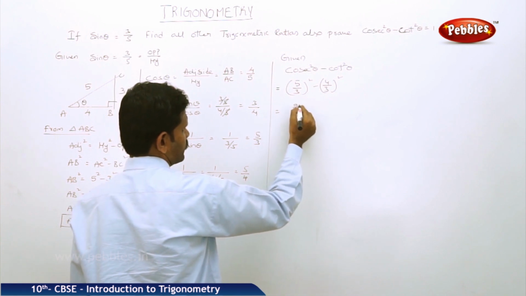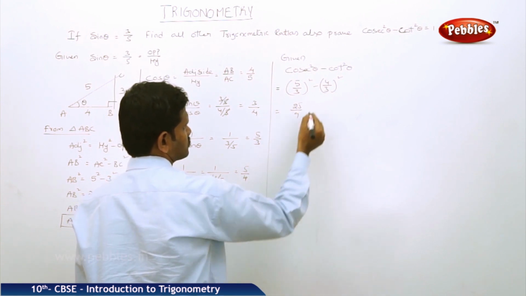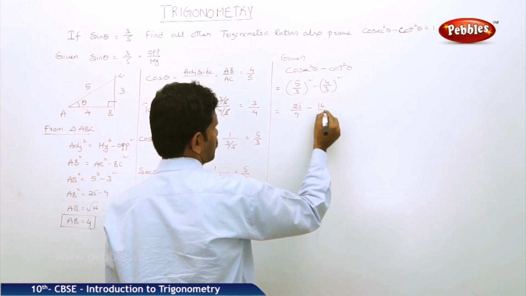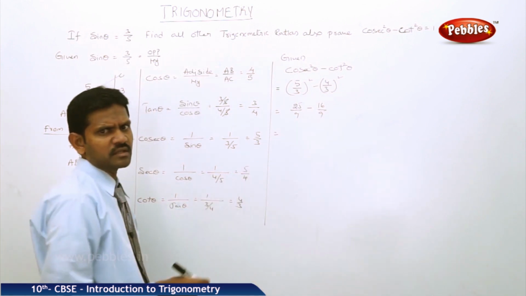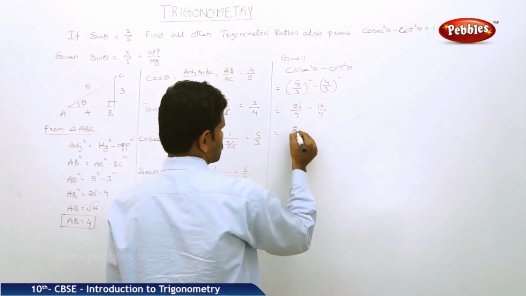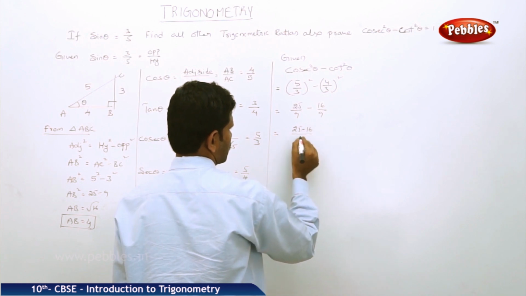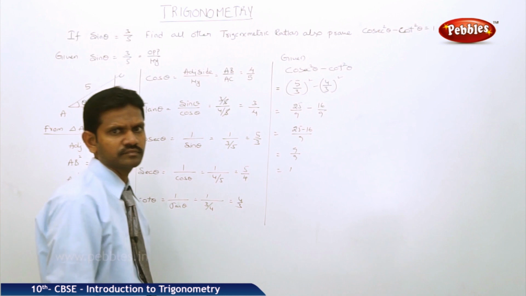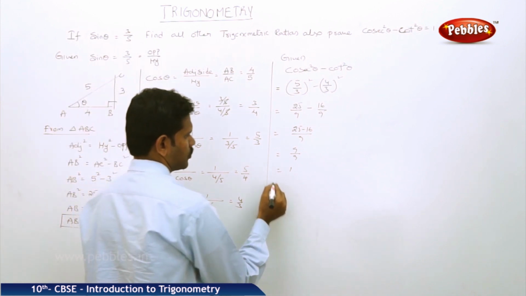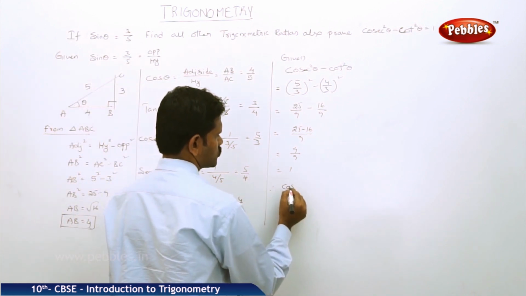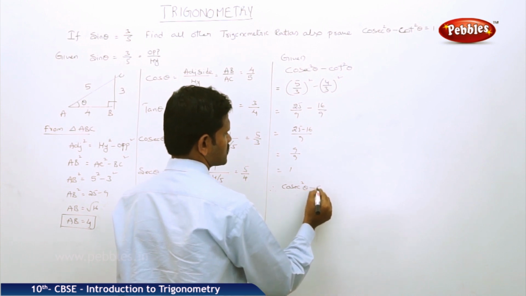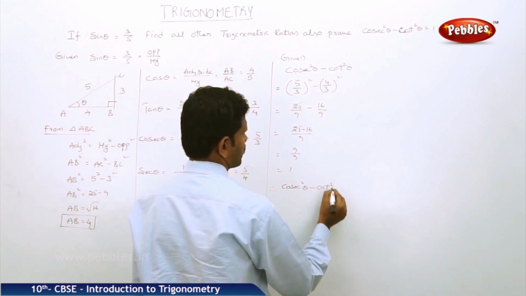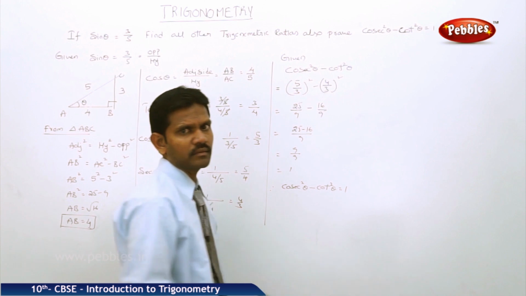That is 25 by 9 minus 16 by 9. Now the denominators are the same: 25 minus 16 by 9, that is 9 by 9, which is equal to 1. Therefore, cosecant square theta minus cot square theta is equal to 1.